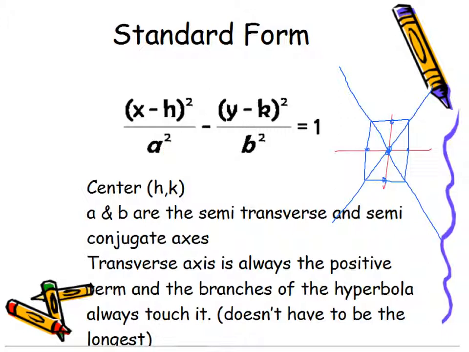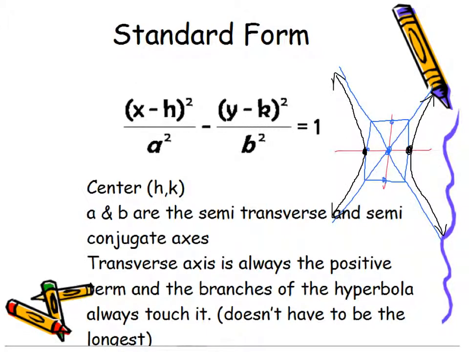In this example, since the x is positive, these are going to be vertices. The hyperbola comes along and approaches that asymptote. It touches right there at the edge of the box, and then approaches this asymptote. Then you do the same thing on the left side: approach that asymptote, touch the box, and then approach the asymptote again.